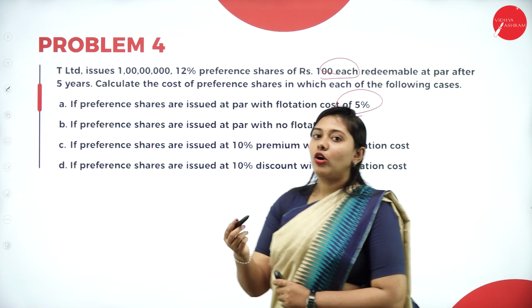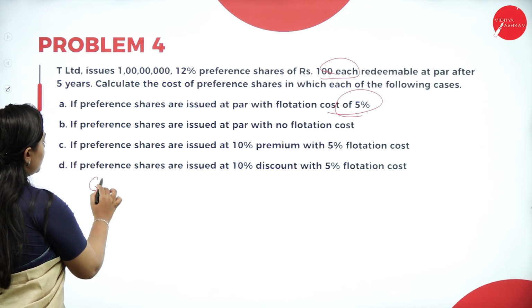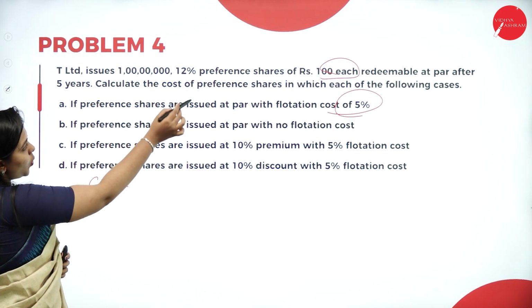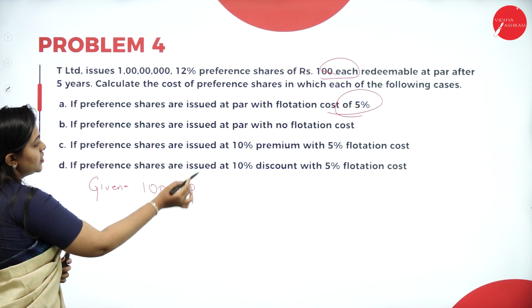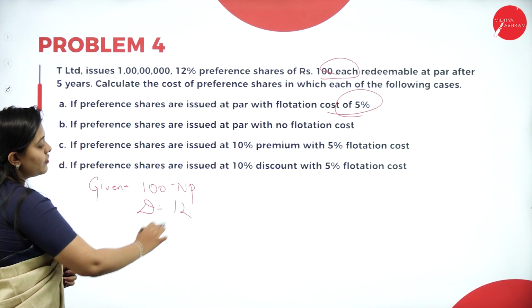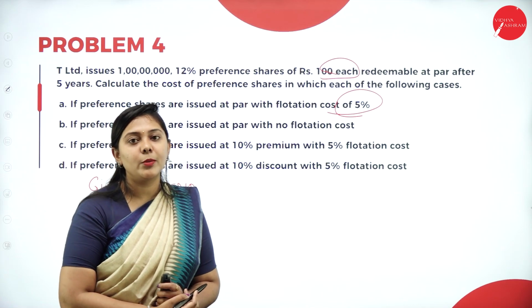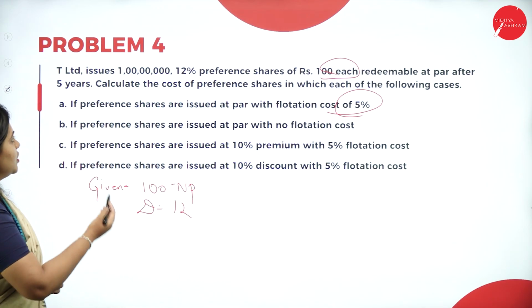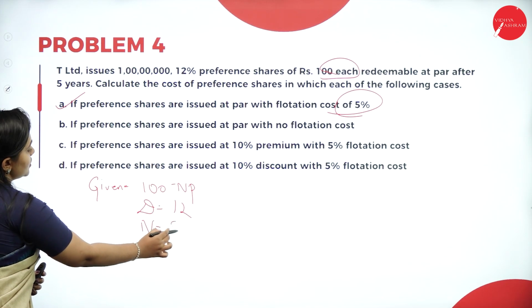So let us write down the given first. What is given in the question? 100 rupees is the net proceeds. And what is the dividend? 12 rupees is the dividend. How did you get this 12 rupees? 100 into 12%, it will be 12 rupees. So let us compute the first condition, and the number of years is 5.